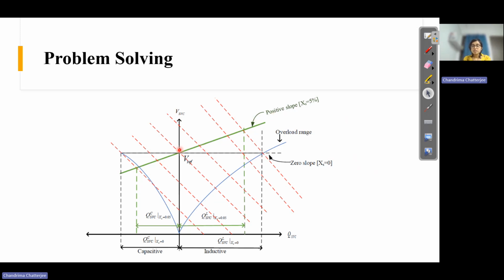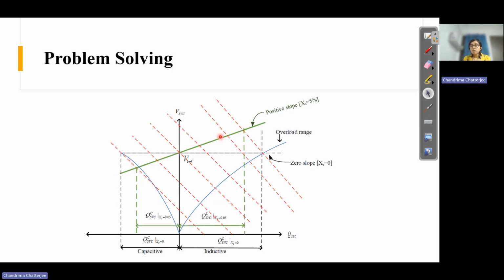This black line is the line with zero slope, and the red line at the extreme positions cuts it at this point. So this is the extreme limit, and here in the capacitive compensation, this is the extreme limit when there is zero slope.